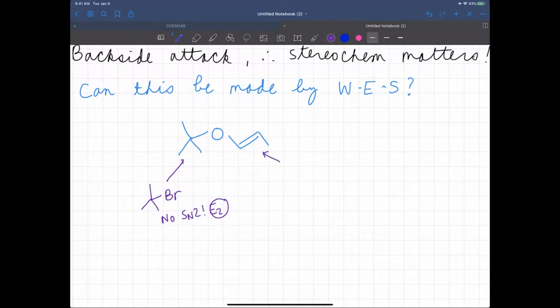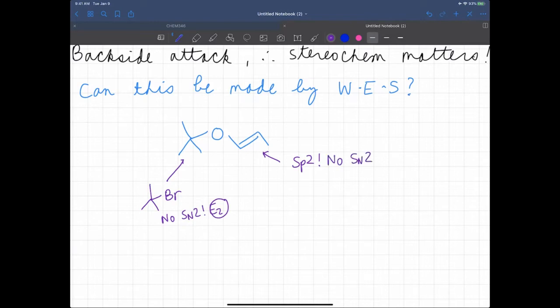What about this here? What's wrong with this substrate? It's an sp2. And can sp2 molecules go through SN2 reactions?